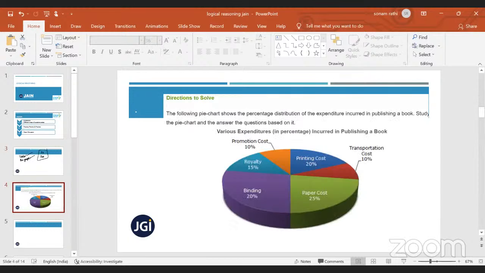Okay, ma'am, got it. Okay, everyone, please note down the data. Please take a screenshot of this so that when we solve questions, you have the data in front of you.